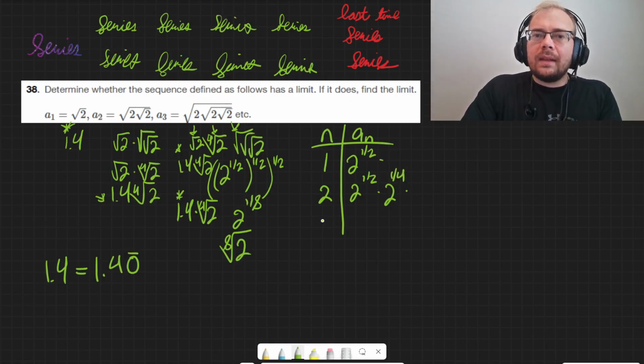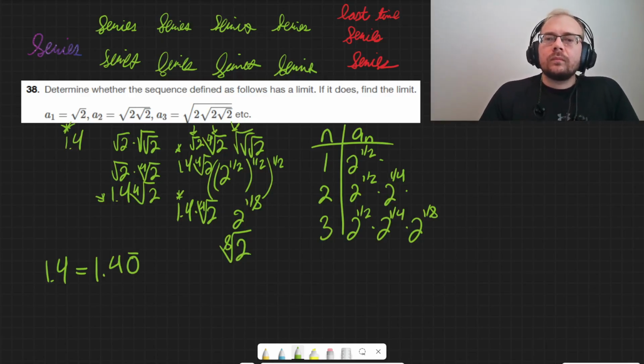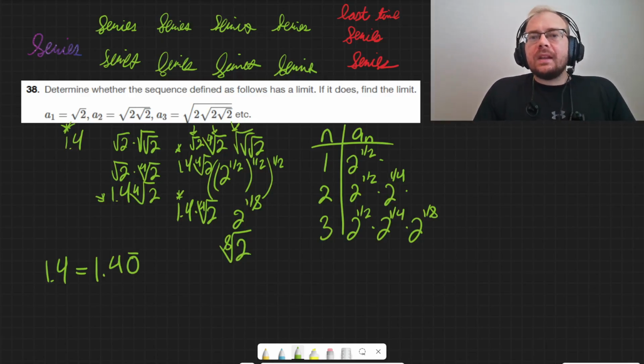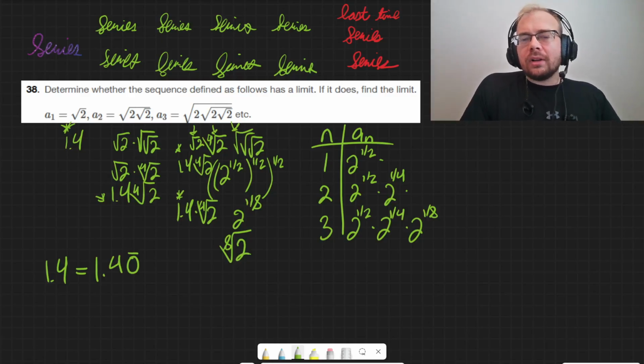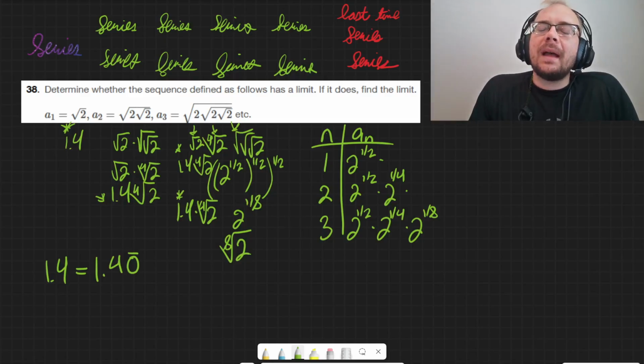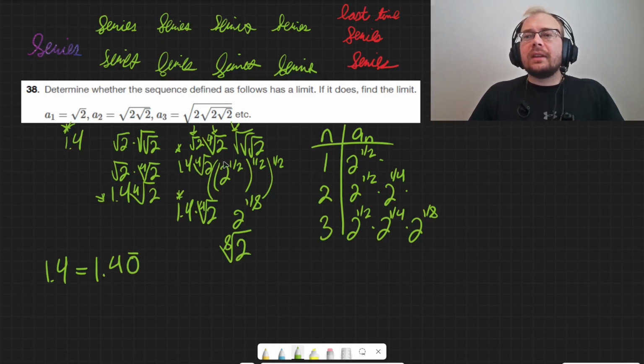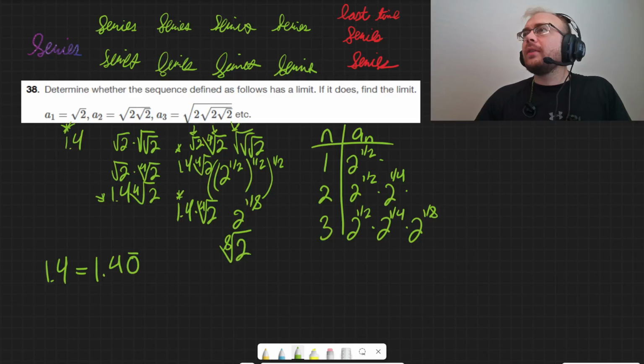And then the third one would be this, and this, and this. So it's going to keep timesing by a smaller and smaller root of 2 as we go out to infinity. So actually, let's go ahead and look at what some of these numbers actually are. We know that the square root of 2 is about 1.4, but let's see what the other things are.